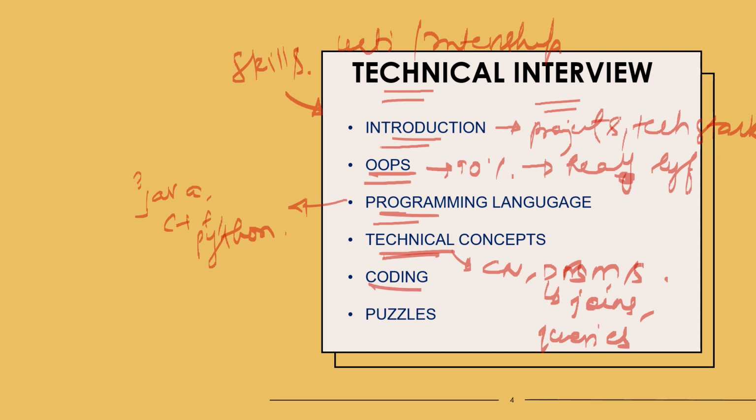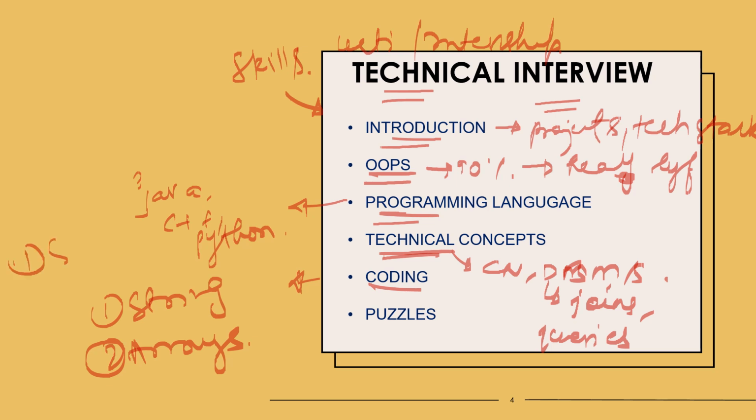They can also ask you to write some code. You can expect code from topics like strings and arrays. They will not ask you any difficult question. They will only check your basic logical ability. If I talk about myself, I was asked two questions.